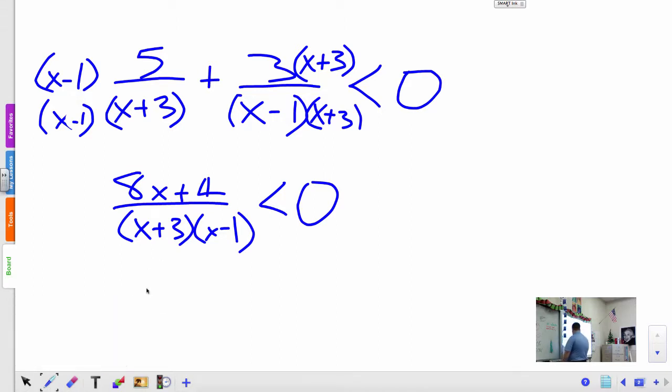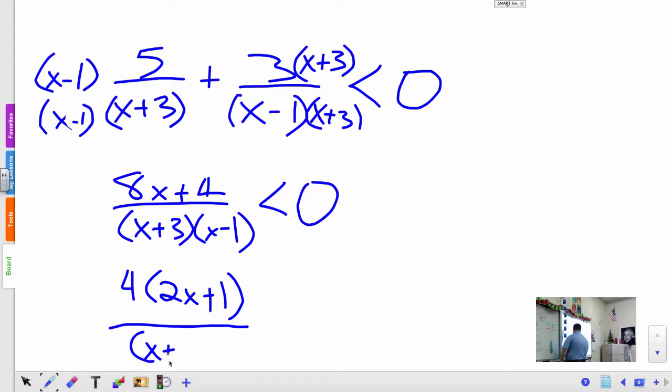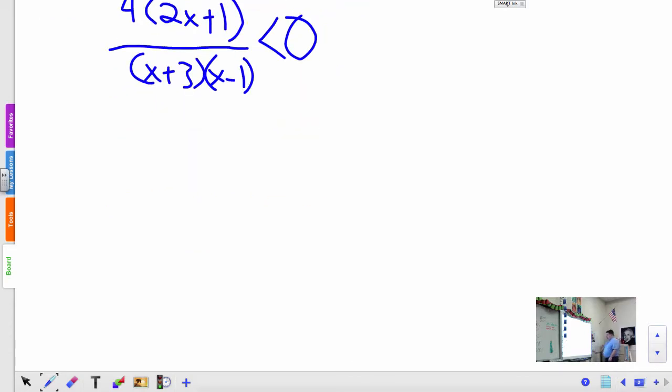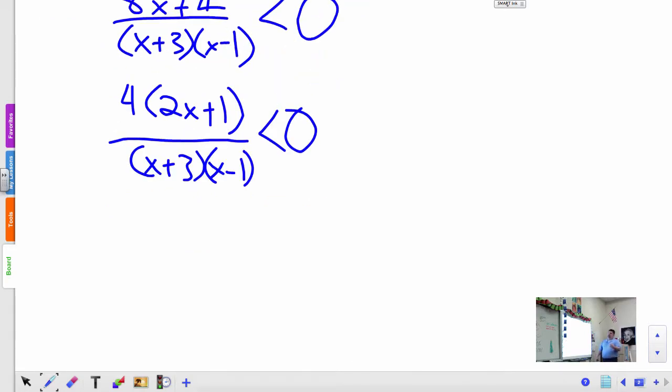If I were to factor out a 4, I would get 4 times (2x plus 1) all over (x plus 3), times (x minus 1) is less than 0. Now, when I do it this way, I could factor out a 4.